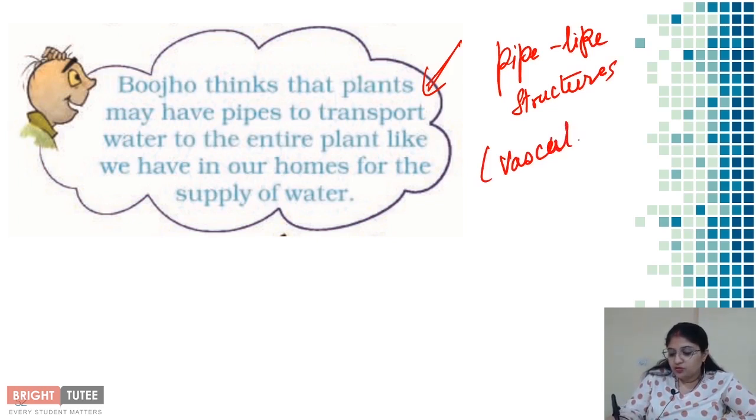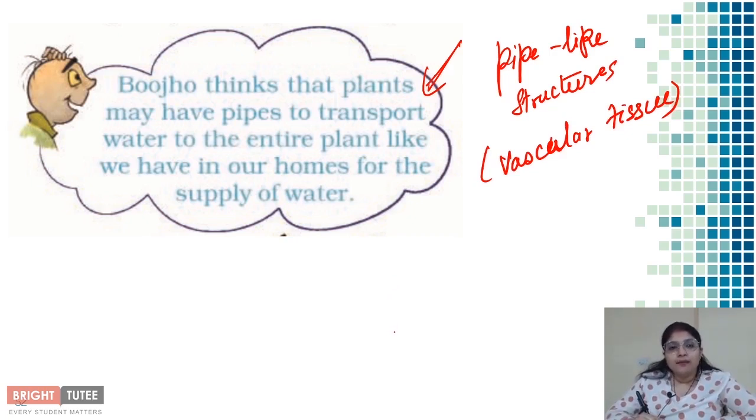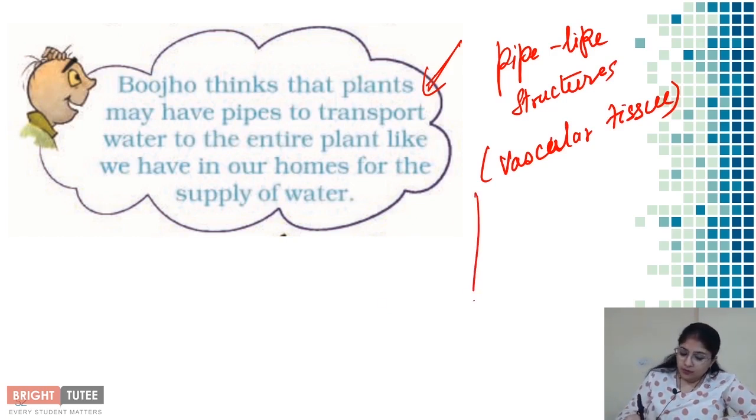These vascular tissues are spread throughout the body of the plant, and they help in the movement of water and minerals and food. These are of two types. One is the xylem and the other is the phloem, right?